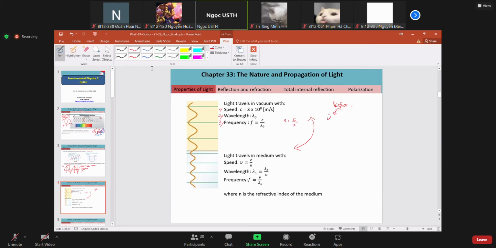The first one is wavelength. The second one is frequency, or 1/T, where T is the period of time. And the third is the velocity of the light.